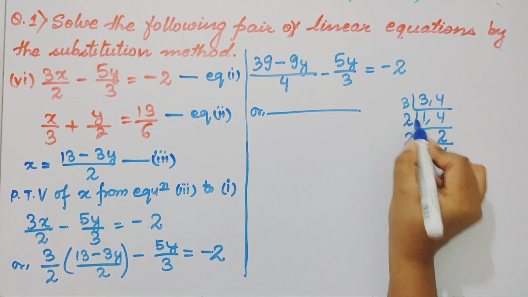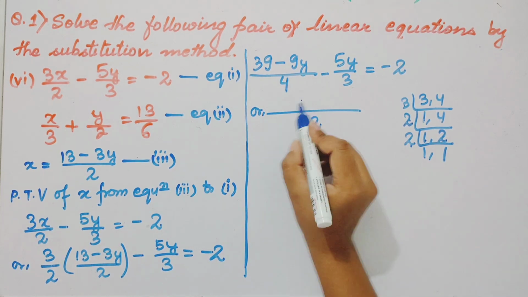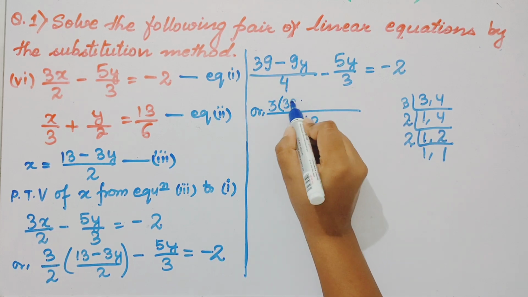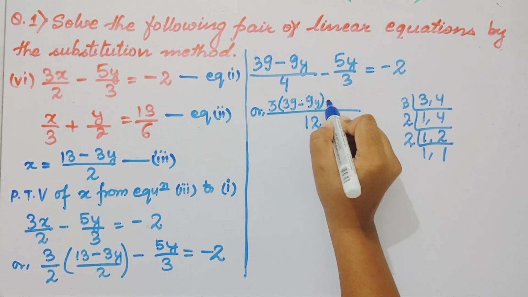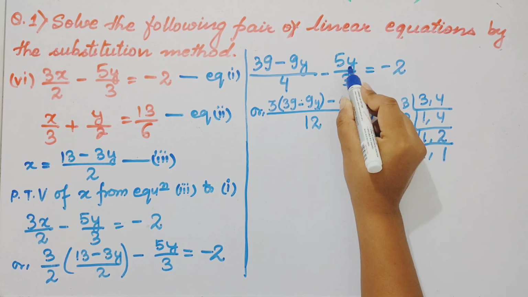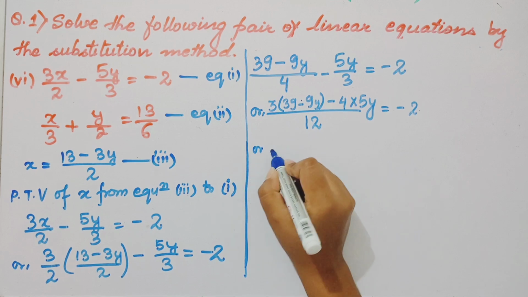So 3 into 2 is 6, 6 into 2 is 12. So the LCM is 12. 4 into 3 is 12, and this will be multiplied to the numerator. Again 3 into 4 is 12, which will be multiplied to the numerator. And we have minus 2 on the right hand side.